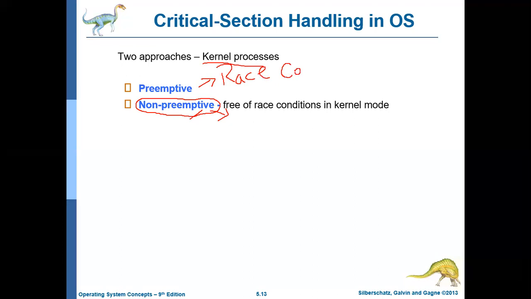Non-preemptive processes are free from race conditions, but typically most of the processes are preemptive processes, because you cannot allow the processor to run a process indefinitely for a long period of time, that may lead to other issues.